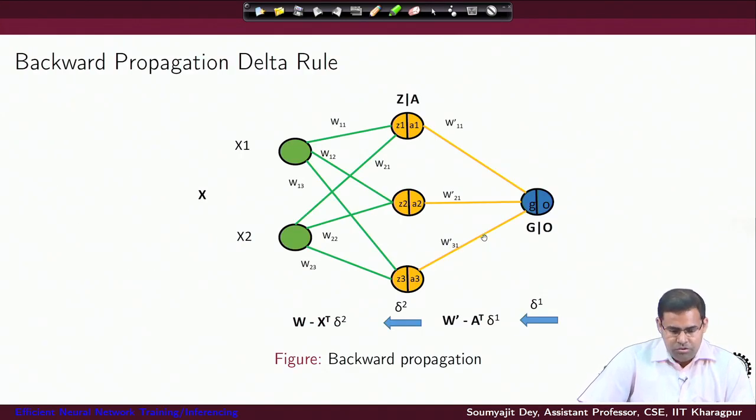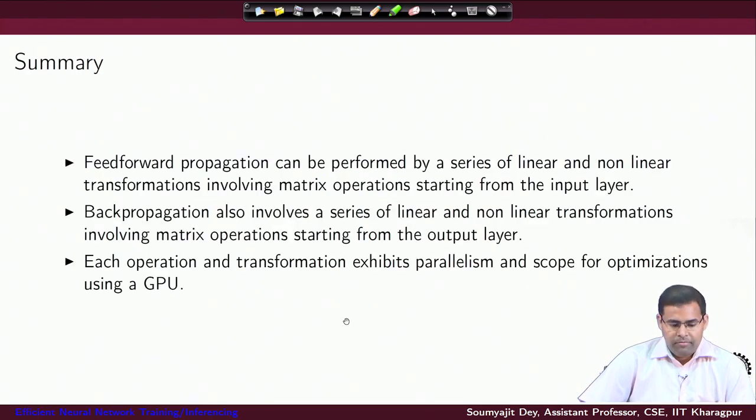So, with this I believe we had already discussed what the backpropagation rule was: in the backpropagation pass you recompute W prime. You reevaluate using your computation of delta 1 and delta 2, essentially recomputing W prime to be W prime minus A transpose delta 1, and then you are also using delta 2 to figure out the updated value of W. So, that would be W minus X transpose delta 2, like that, right.